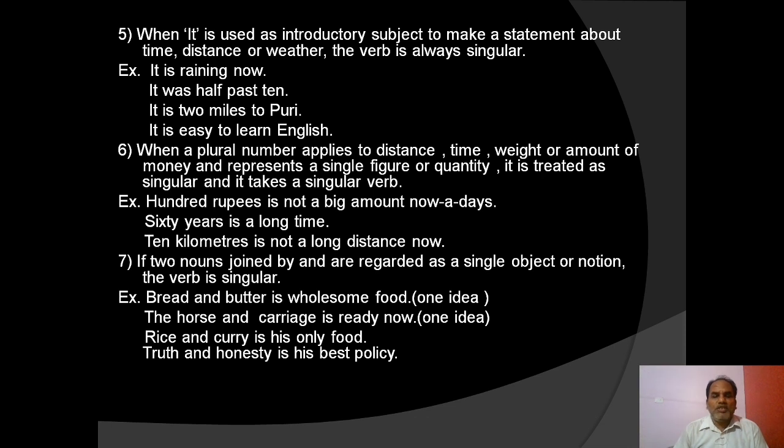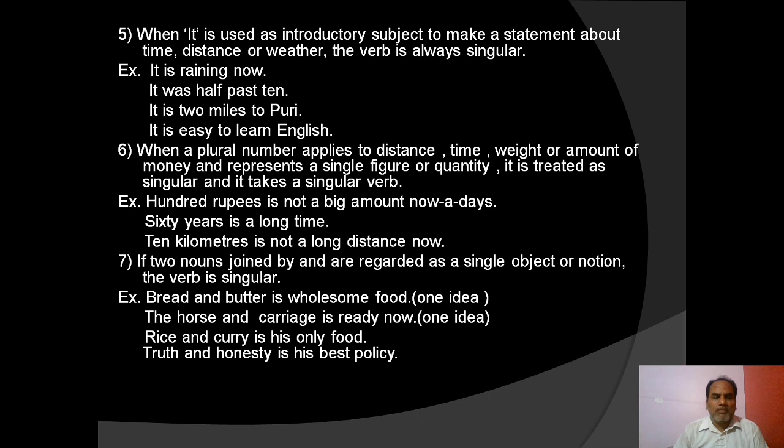Here 100 rupees is plural, but it is taken as a single figure, a single quantity, so it carries the singular verb. 60 years is a long time. 60 years is plural, but it is taken as a single quantity, so it carries the singular verb is. 10 kilometers is not a long distance now. So when these represent a single figure or quantity, they are treated as singular.